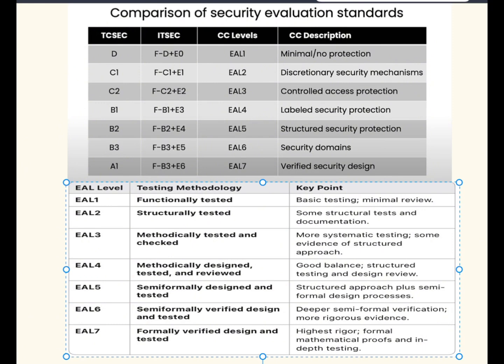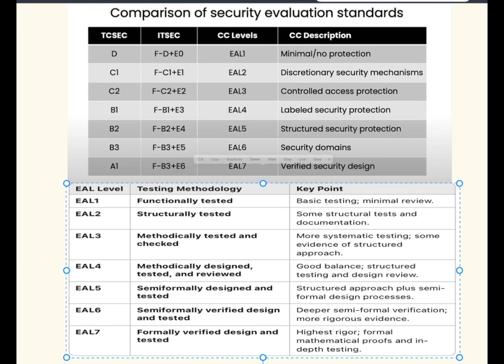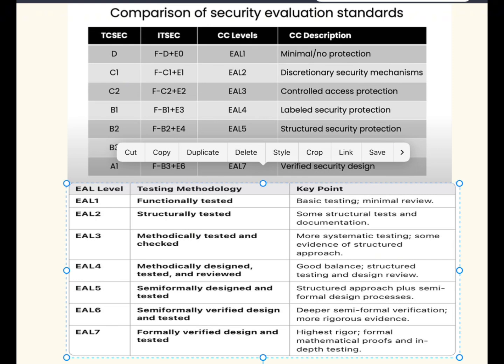Now let's go through one by one. EAL1, functionally tested, basic testing, minimal review. EAL2, structurally tested, some structural test and documentation. EAL3, methodically tested and checked, more systematic testing, some evidence of a structured approach. Similarly, you can see EAL4, EAL5, EAL6, and EAL7, and the key point against all those EAL levels.